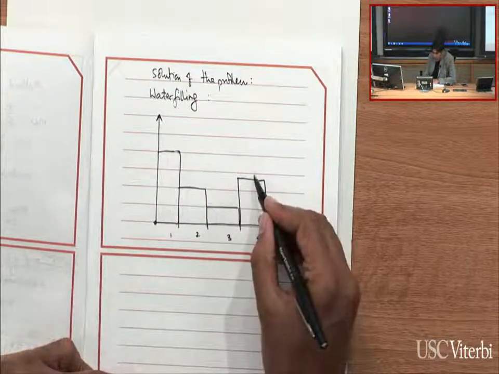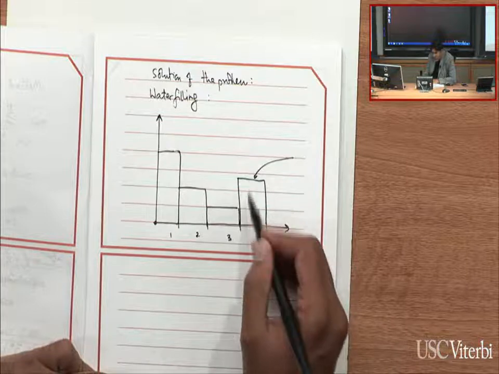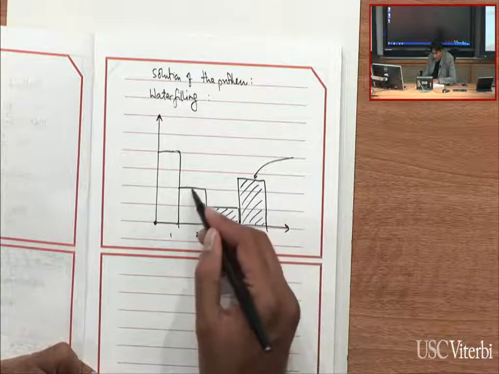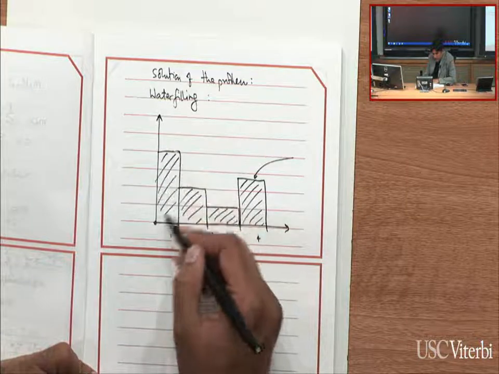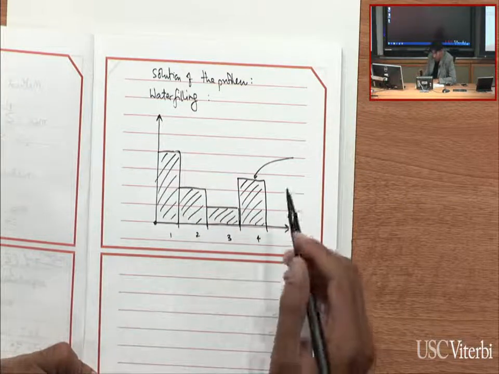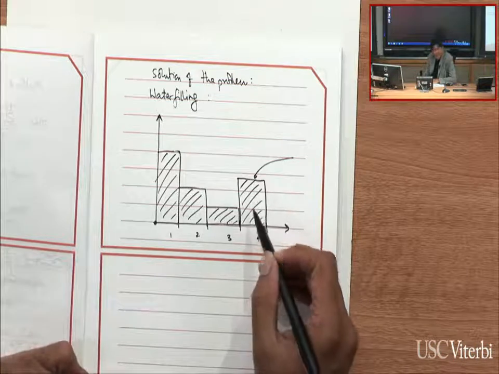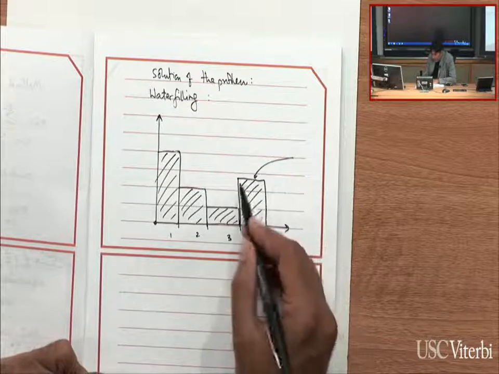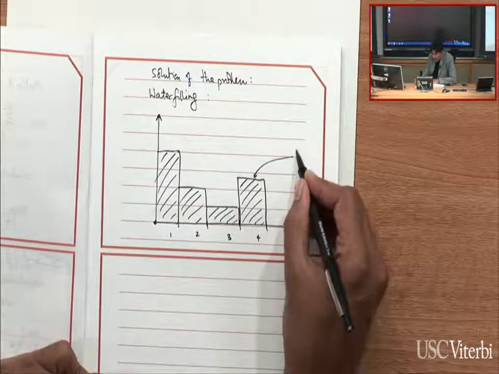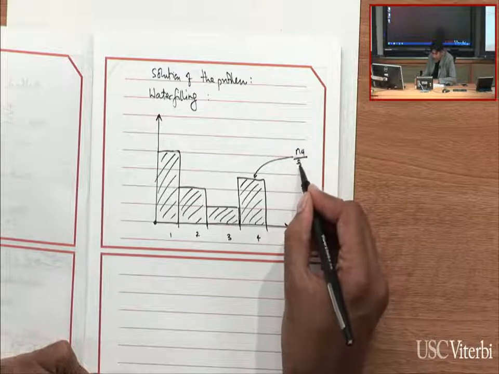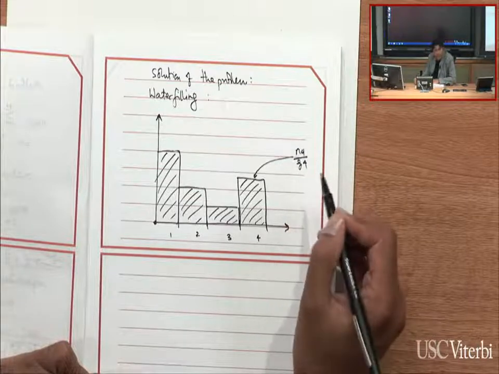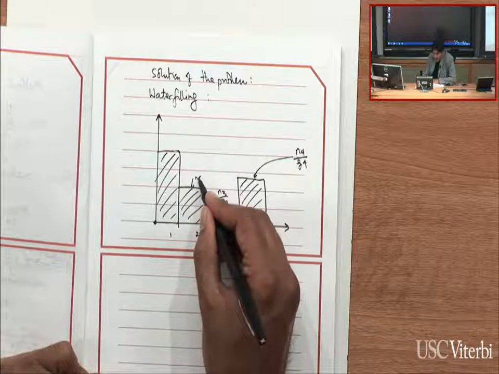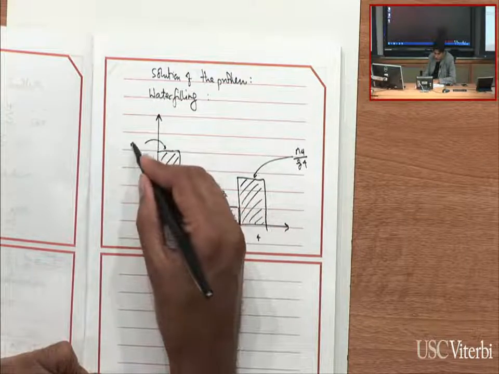For each channel, the higher this value is, the higher their noise level is. It's basically a way of saying that this is a noisier channel. And in particular, the height of this channel represents the inverse of the gain to noise ratio. So in this case, it will be the noise to gain ratio. So this would be like N3 over G3, and N2 over G2, and N1 over G1.